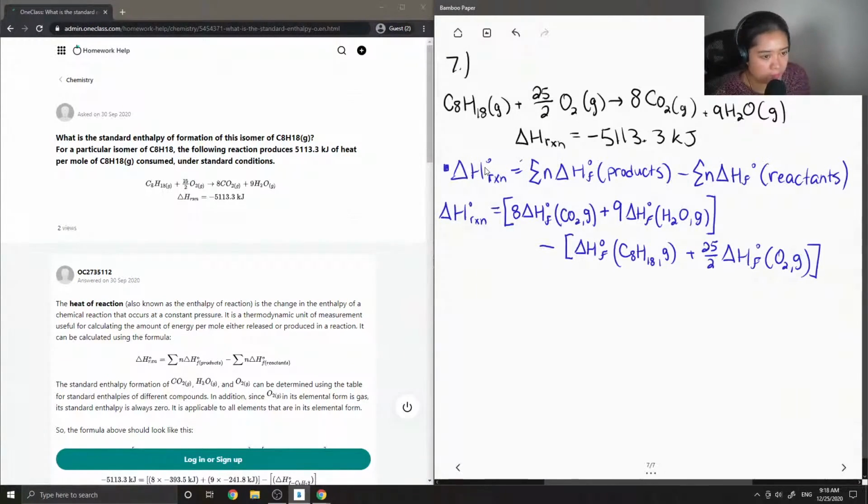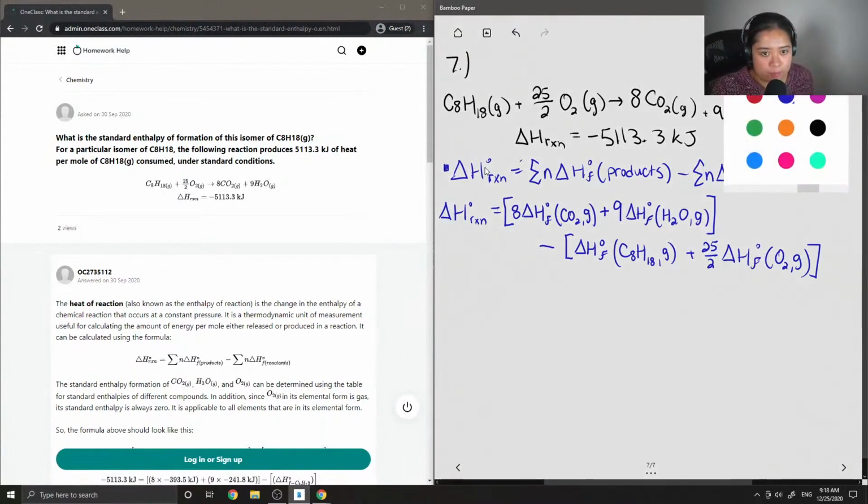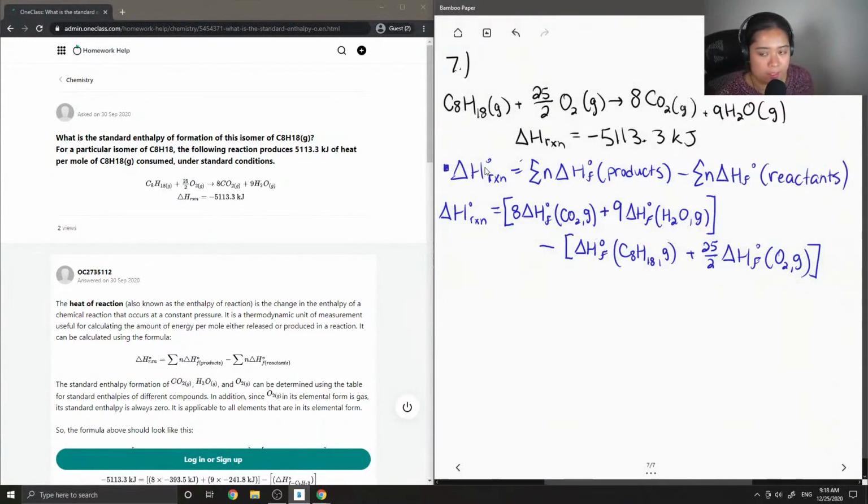Okay, so when we have an element that's in its elemental state, such as oxygen, its delta H of formation value is 0. So I'm just going to cross out this whole part.